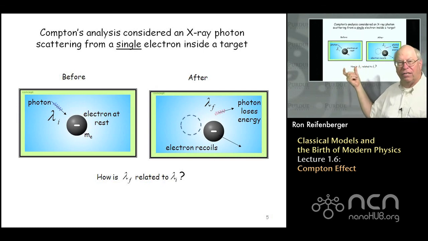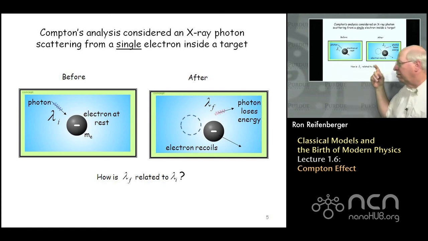You then apply conservation of energy and momentum principles to this collision, and what happens is the electron then recoils, right? So inside the block, the electron acquires a certain energy, and the exiting photon has to lose that amount of energy in order to satisfy conservation of energy considerations. So the energy loss of this scattered photon is attributed to the recoil of the electron inside the carbon block.